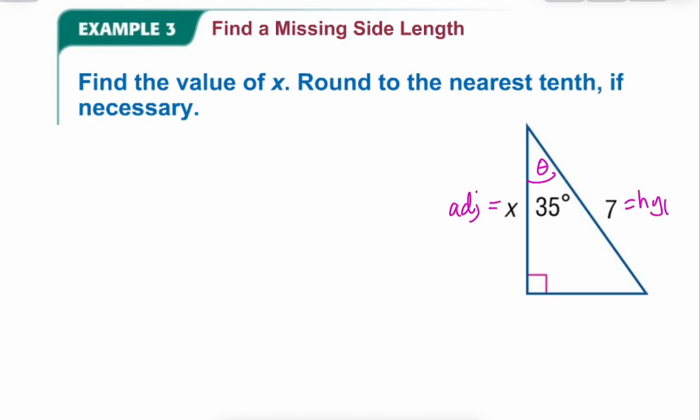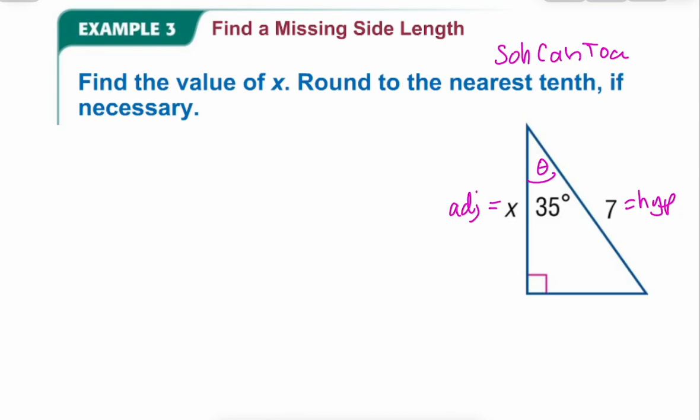This is our hypotenuse. Now, if they said for me to find all 7 trig functions, I would have to find the missing side. But they didn't ask that. They just said find x. Okay. Which one of our trig functions from SOHCAHTOA uses adjacent and hypotenuse? Which one of those uses A and H?